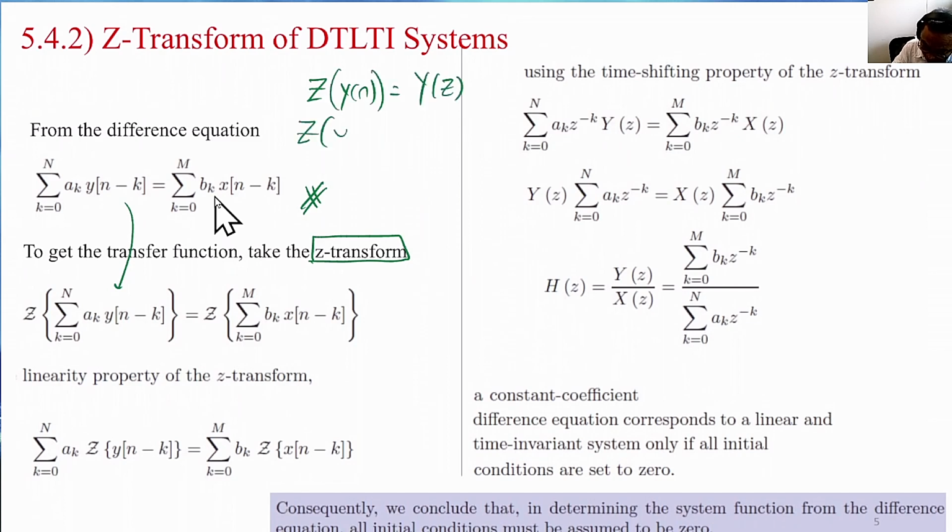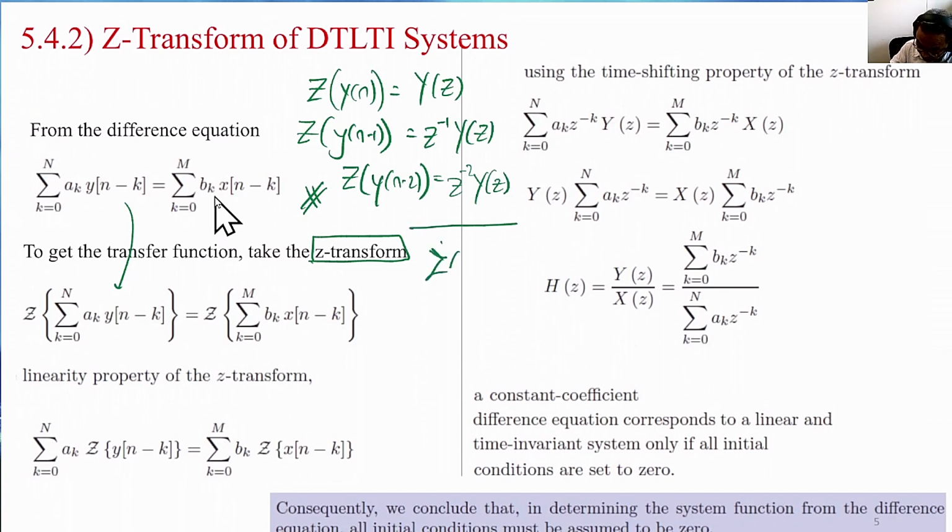Z transform of y of n minus 1 is z to the minus 1 Y of z, and z transform of y of n minus 2 is z to the minus 2 Y of z. Similarly, for the z transform of x of n is X of z, and z transform of x of n minus k is simply z to the minus k X of z.